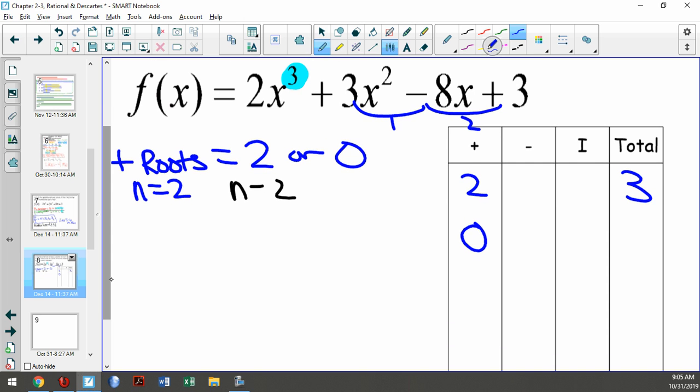Now, the next thing is going to be doing the negative roots. The negative roots are found by counting the sign changes in what? f at negative x. When you're doing f at negative x, what that actually means is you're replacing x with negative x.